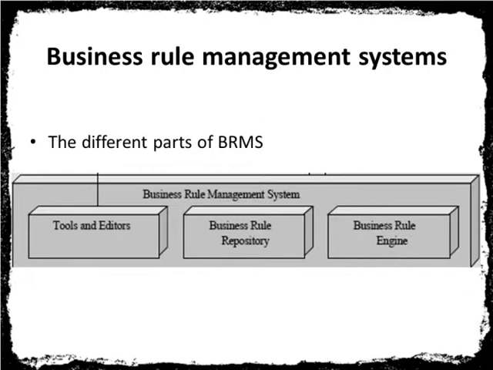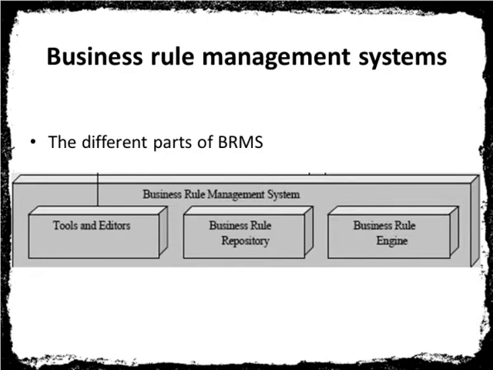We have the tools and editors, the business rule repository, and the business rules engine. The business rule management system tools and editors are mainly tools used to define business rules, gather the business rules, and set standards, so that the business rules are defined.